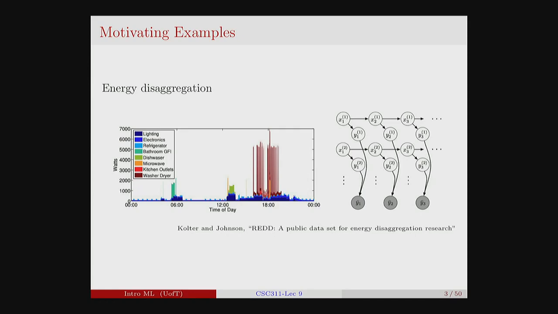What you really want to know is not the total wattage, but how that breaks down across the many different appliances you might be using at home: the lighting, the dishwasher, the refrigerator, etc. And you might want to do this without having access to labels. You might not want to have someone annotate in time anytime they use the dishwasher.